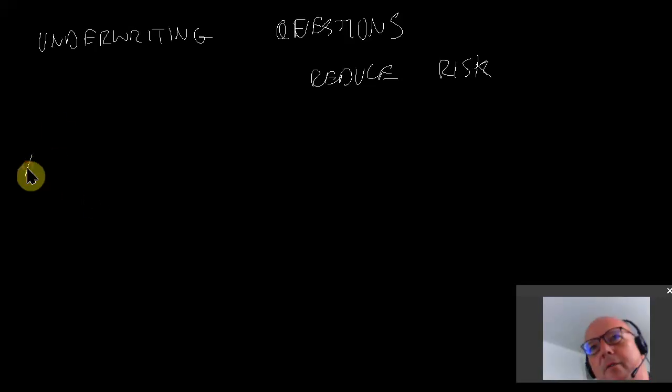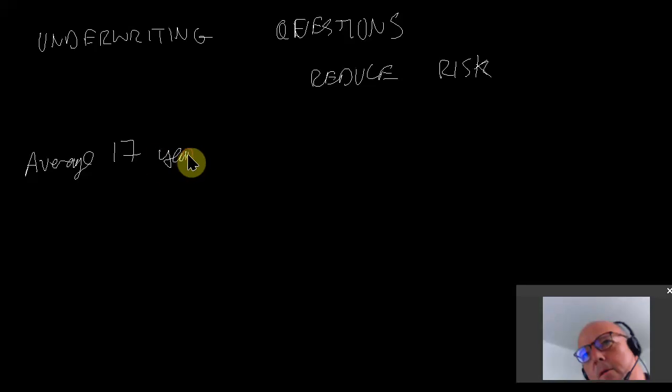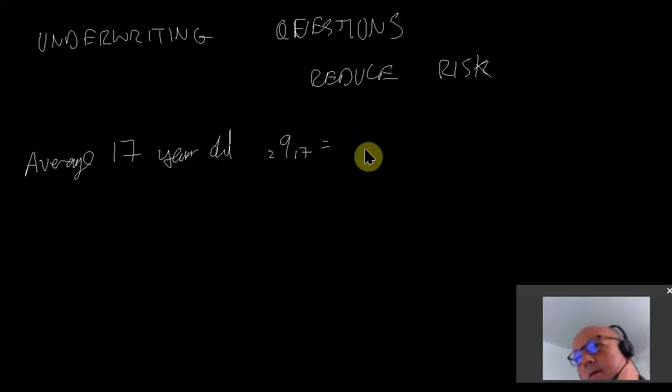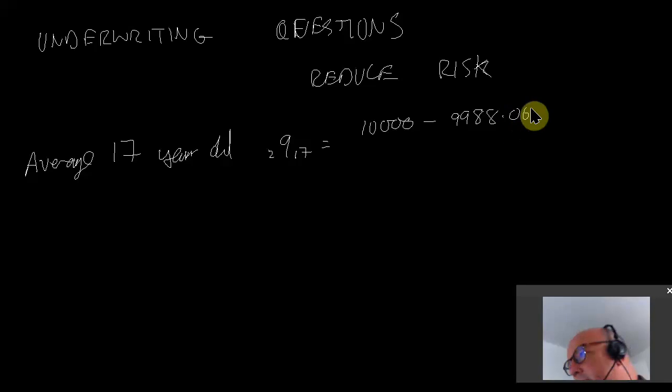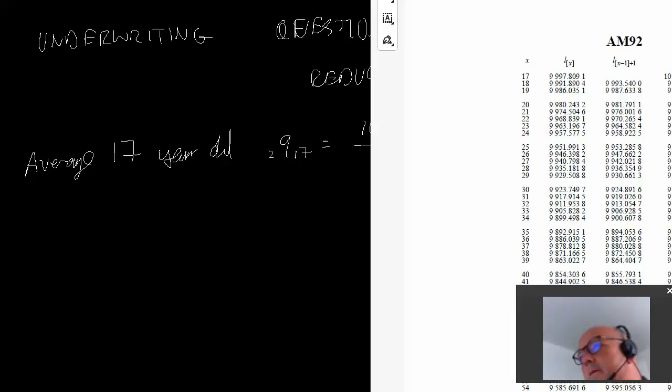Okay, so for the average 17-year-old, we have the probability of dying in the next 2 years, which is (10,000 minus 9988.063) divided by 10,000. Okay, you can see where we got those numbers from.